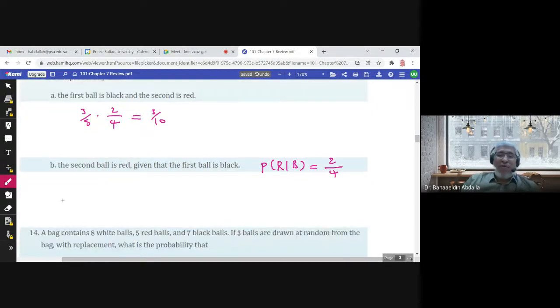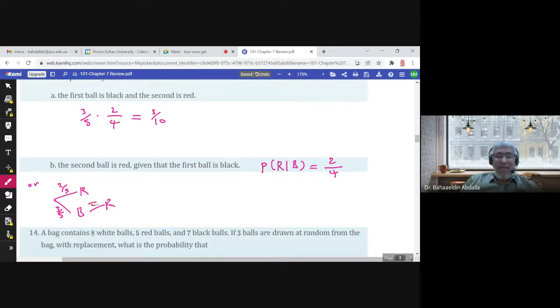Okay. Or if you use the tree diagram, the ball could be red or black. The first ball, I have 2 red balls, 3 black balls. Now I need the probability that the second is red, given that the first is black. So this probability is the one I need.